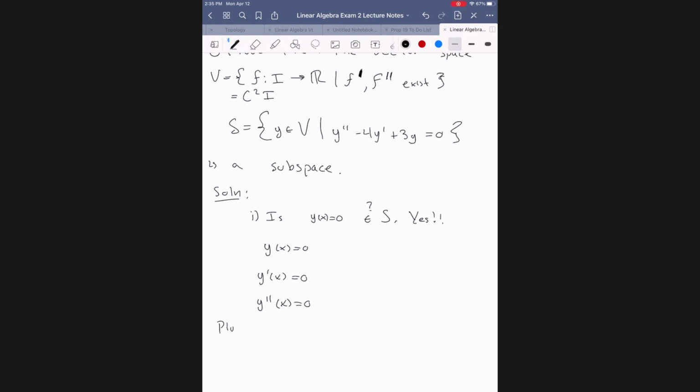Plugging into y double prime minus 4y prime plus 3y equals 0, you get 0 minus 4 times 0 plus 3 times 0, which equals 0. So it's going to say 0 equals 0, and that means it's satisfied, right?